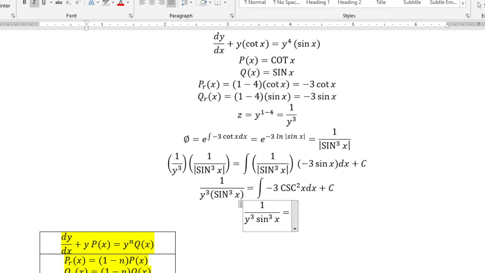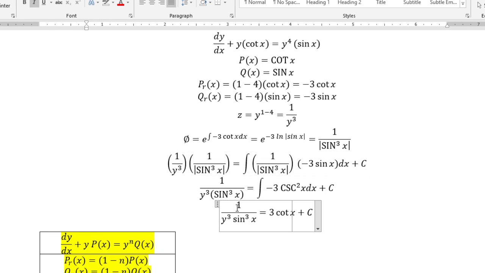Is equal to, ang integral kasi ng cosecant squared x will be negative cotangent x. So, magiging 3 cotangent x plus c.